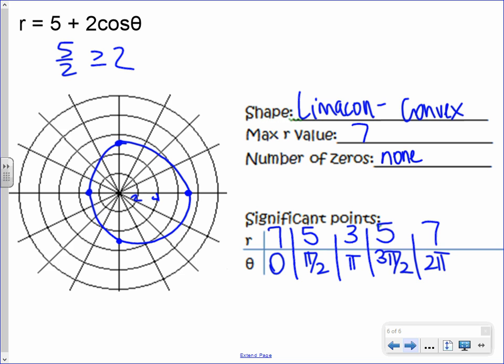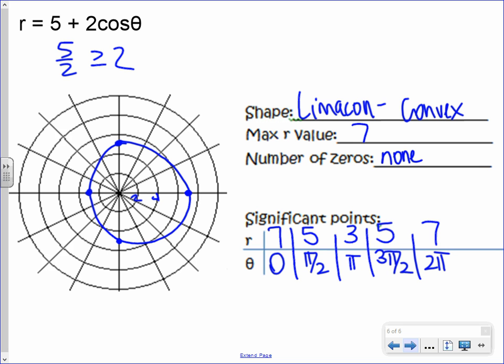You need to be able to graph a rose curve or describe it to me. You need to be able to graph a circle or describe it to me. You need to be able to convert equations. You need to be able to convert coordinates. And you need to be able to plot the coordinates and describe them in a different way. So you remember how we talked about there's 4 different ways to write one coordinate? I am going to ask you to write a coordinate in a different way.